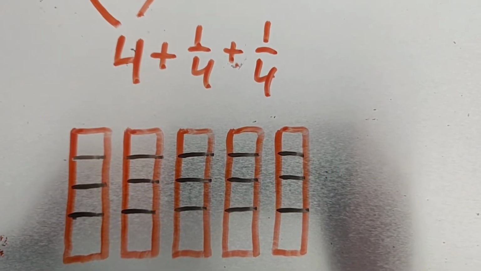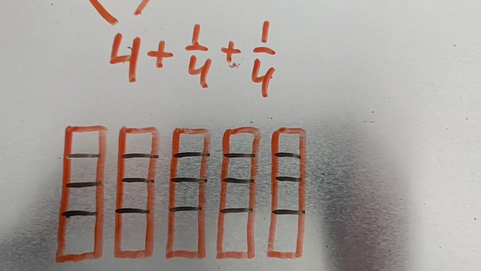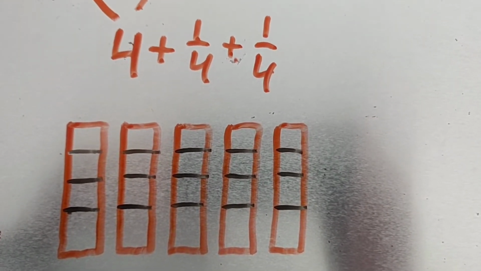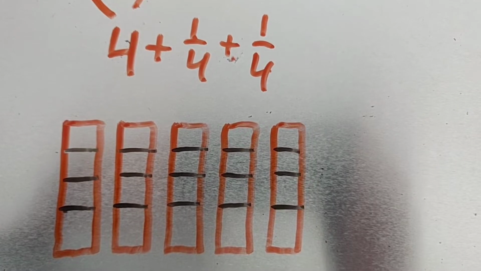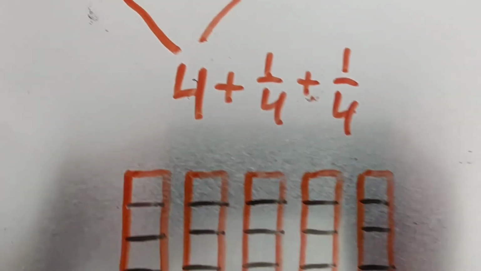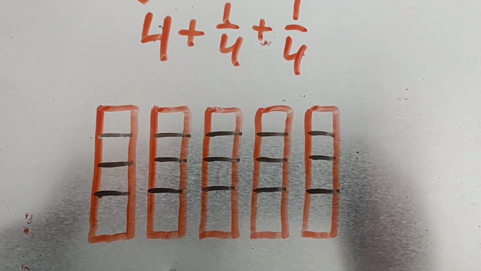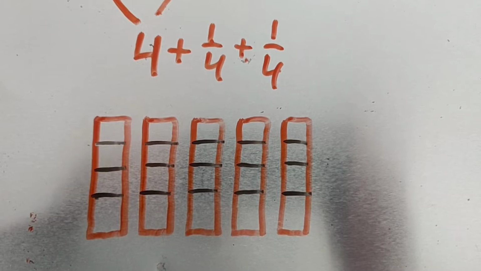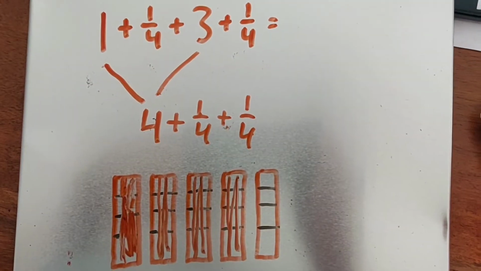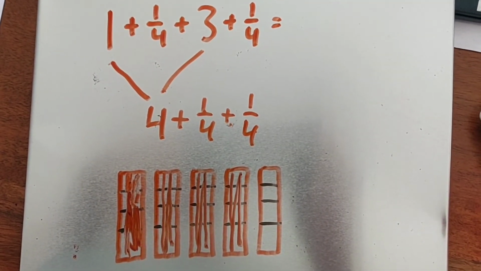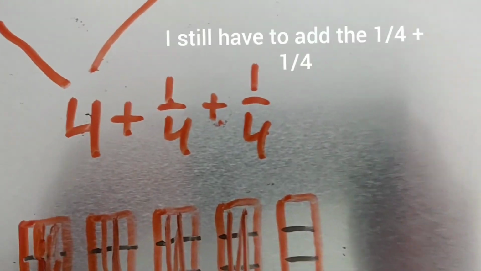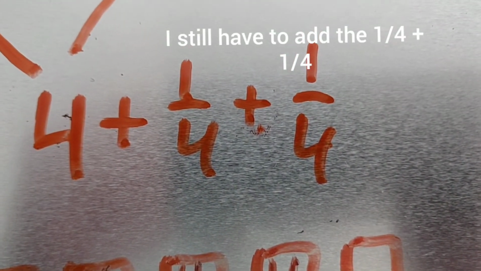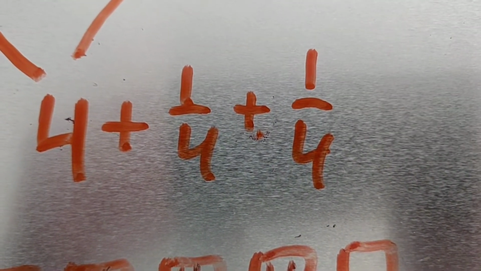So the denominators in 1/4 and 1/4 tell me that our wholes are going to be broken into 4 equal parts. But I also notice that I have 4 wholes. So the first thing I'm going to do is shade in those 4 wholes from left to right. So now I've shaded in those 4 wholes, but I still have to add 1/4 and then add another 1/4.